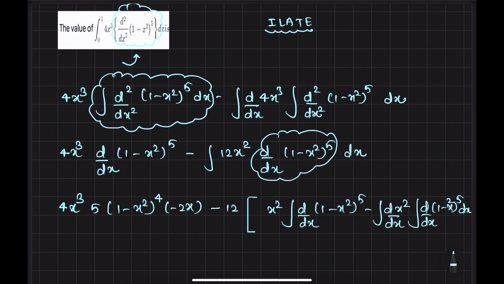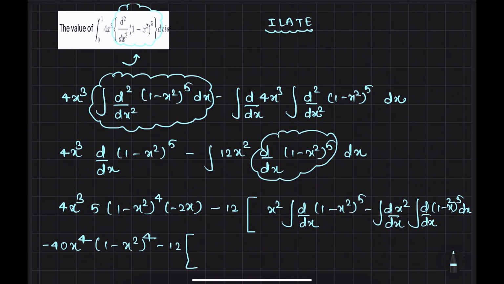Now it is looking a bit complicated, but it is worth it. So it is minus of 40 x power 4, 1 minus x square power 4, and then minus of 12.